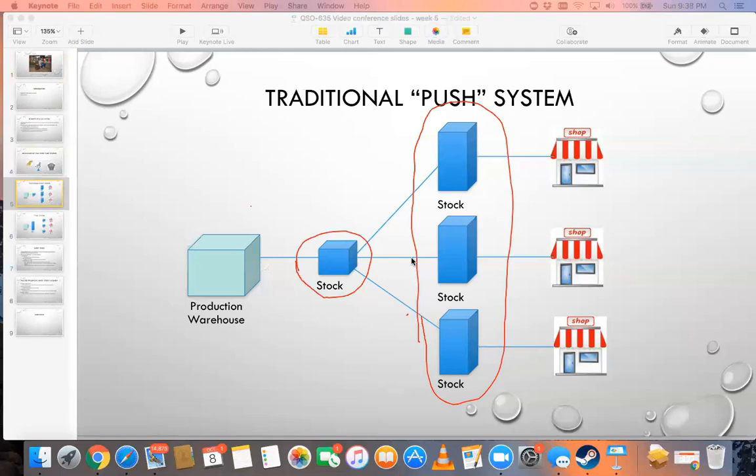So what you would do is you say, okay, well, I've got these three here, and the more that you can aggregate your demands, the more stable this is, and the less stock you have to have relative to all three.